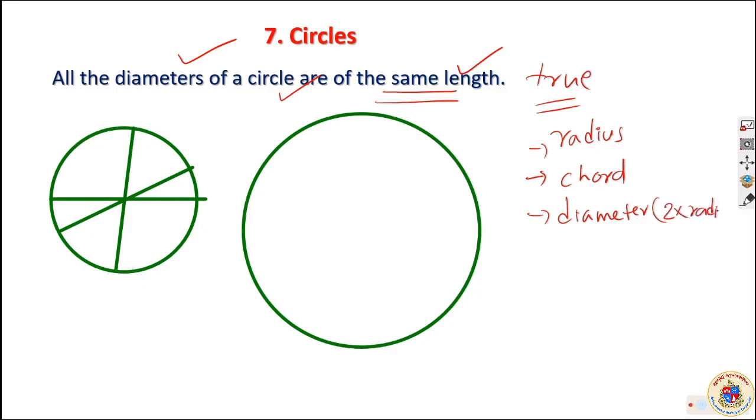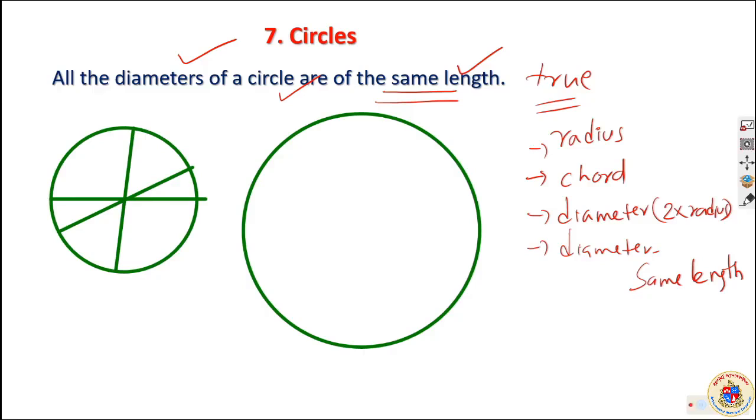This also you understood. Finally, just now you understood that all diameters in a circle are of the same length. There is a little more about circles that I will do in the next video, because these are fundamentals and very essential for you.